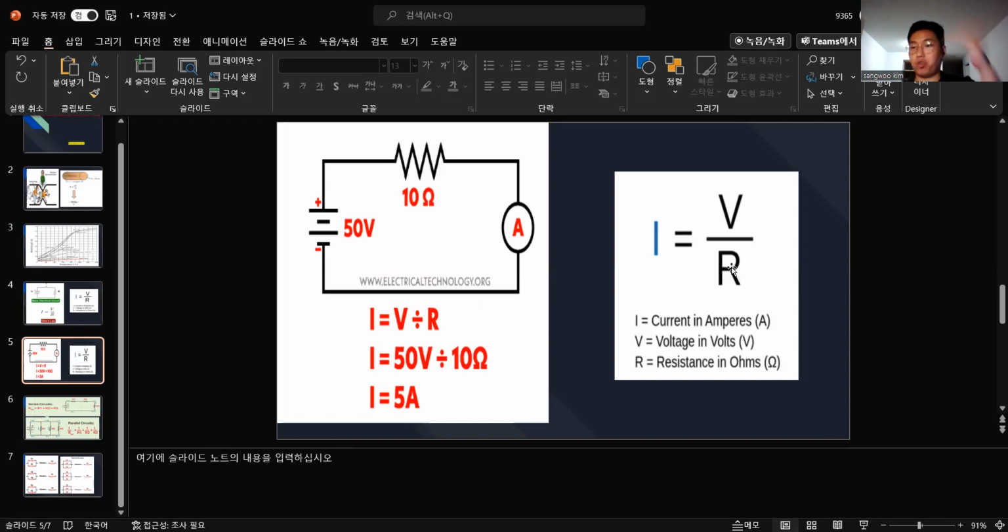Try to understand what we are actually using in reality. V is constant because we use a constant voltage source system. R depends on the load, right?